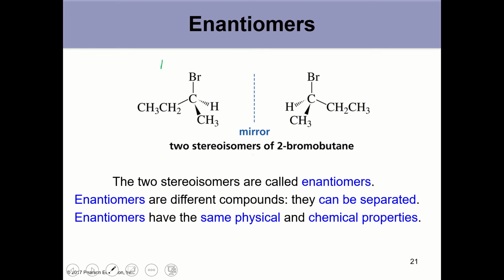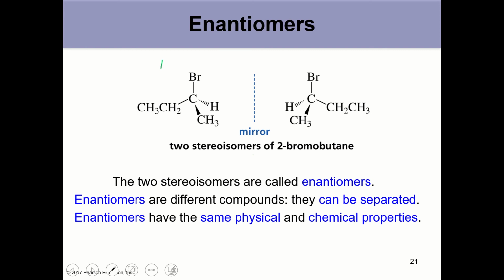The relationship of these 2 molecules as non-superimposable mirror images uses a special term to identify what they are. We call these stereoisomers enantiomers. Enantiomers are different compounds, but they can be separated.